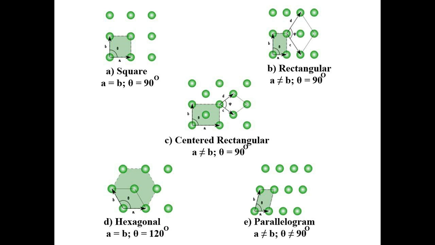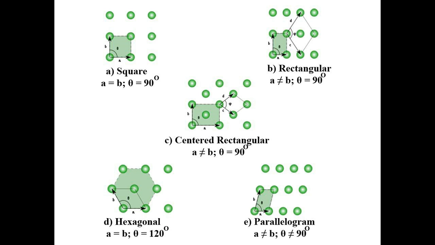A. Square: here A bar equals B bar and theta equals 90 degrees. B. Rectangular: here A bar not equal to B bar and theta equals 90 degrees.